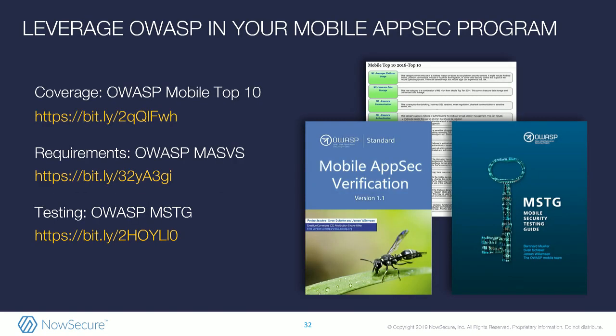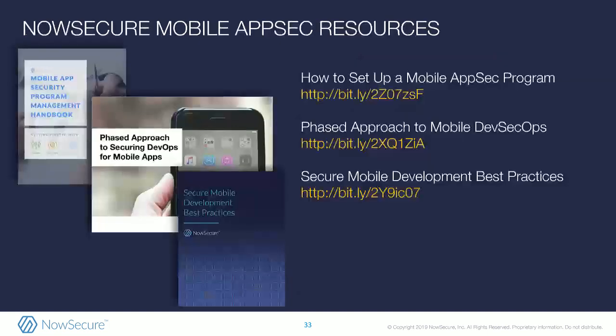So we work a lot with the OWASP standards committees, and Tony himself has been working with the crew on evolving the materials. So we do want to encourage you, as you're looking at your AppSec program, to take advantage of all the resources from OWASP, especially take a look at the MASVS and take a run through the MSTG. The Mobile Security Testing Guide is all of 400 pages of a how-to guide, but start with the AppSec verification, which is really building a risk-based model for your testing program.